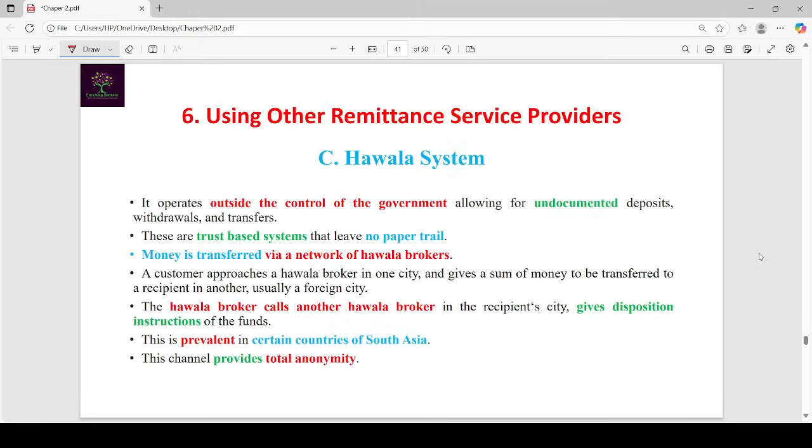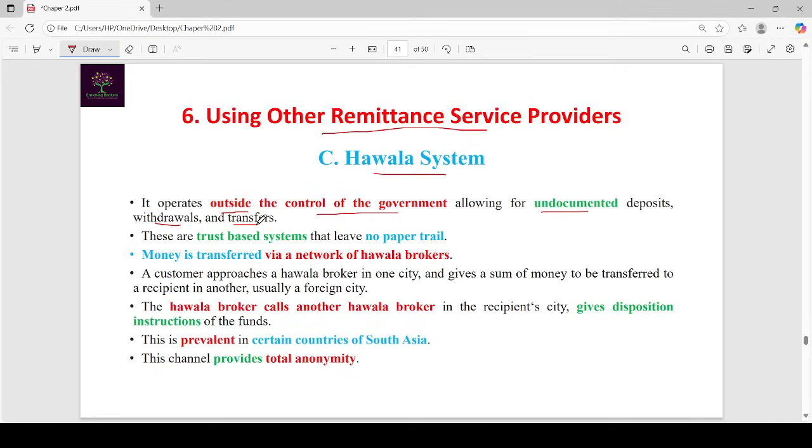The next method under the category of remittance service providers is the Hawala system. This Hawala system operates outside the control of the government, allowing for undocumented deposits, withdrawals, and transfers.